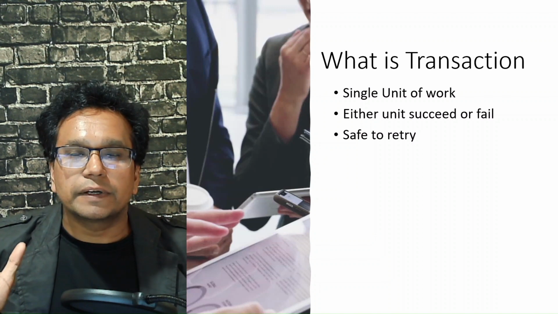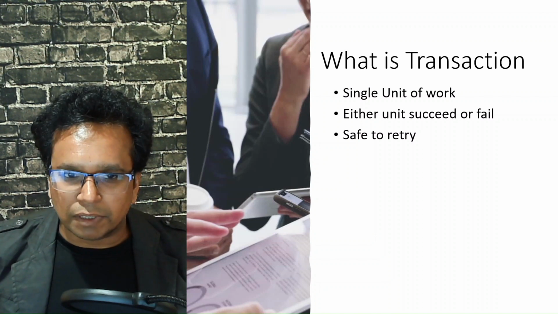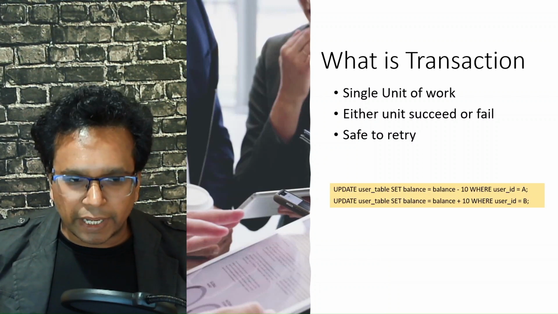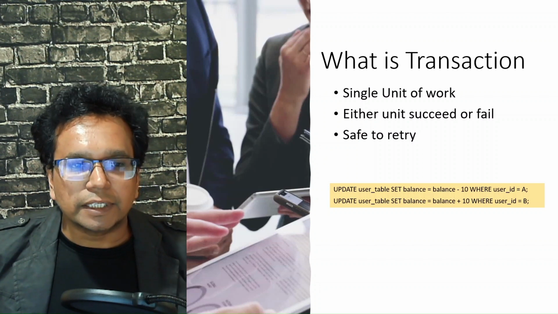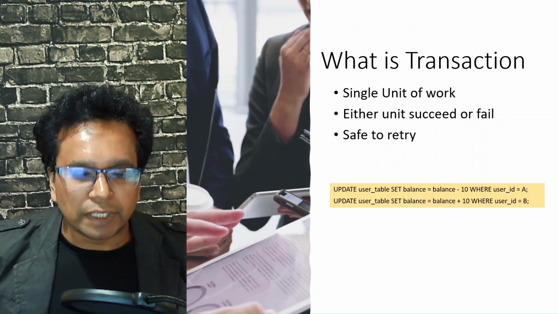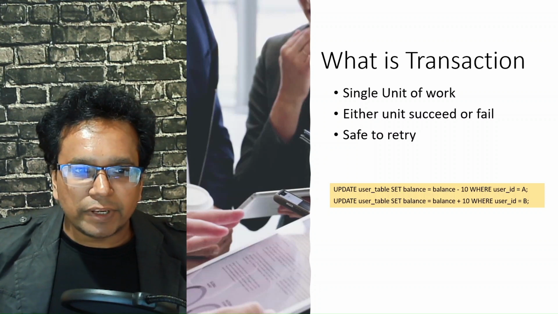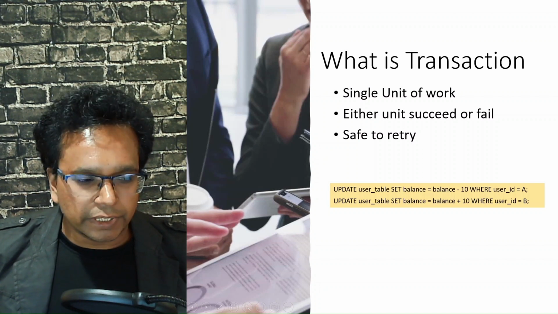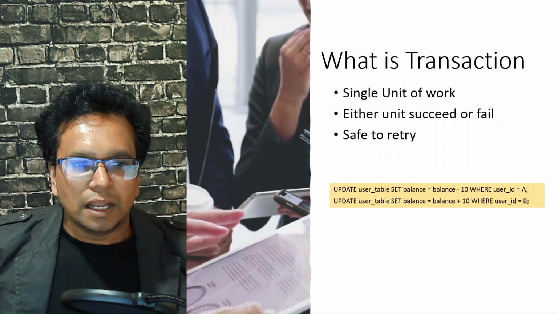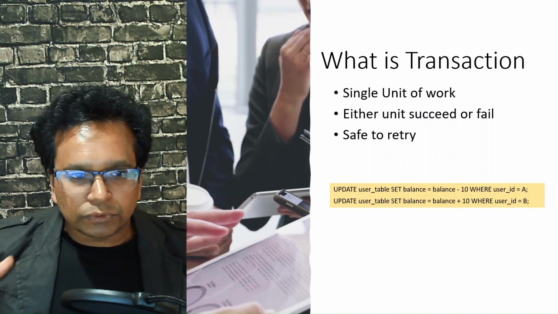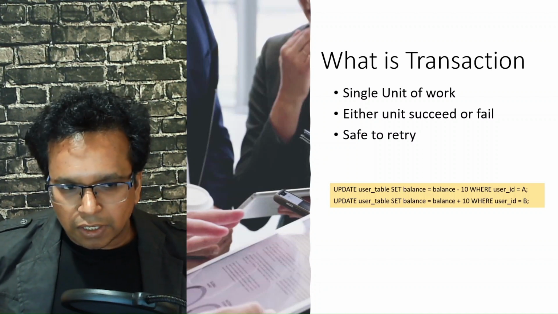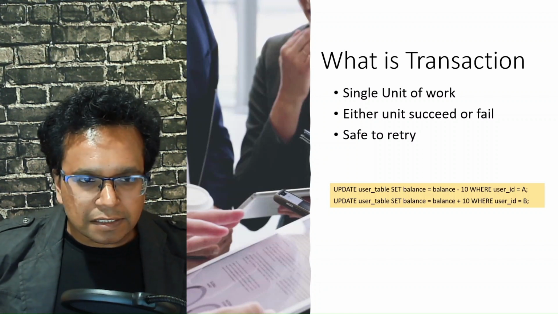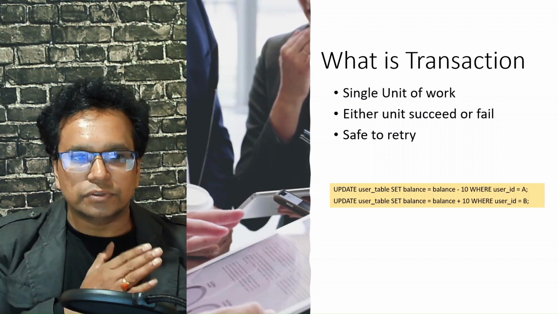So let's revisit our banking example where we had two statements that we were trying to execute, and we saw what happens if the database crashes after the first statement. But if we make this a single unit of work, then either both statements will succeed, or if any one fails, the entire transaction gets rolled back.